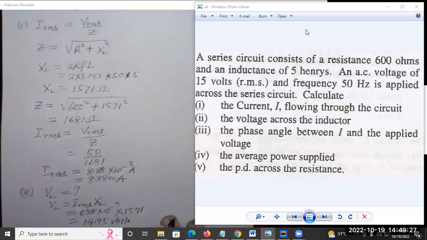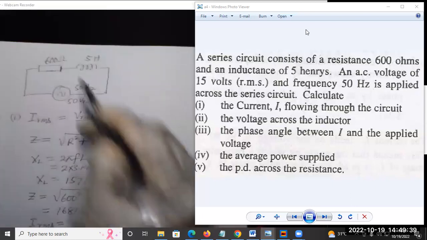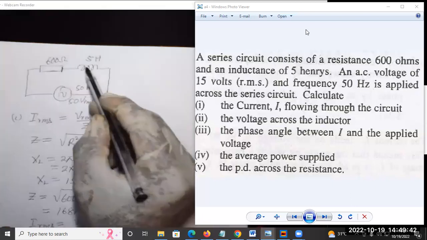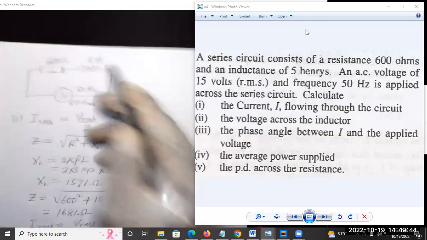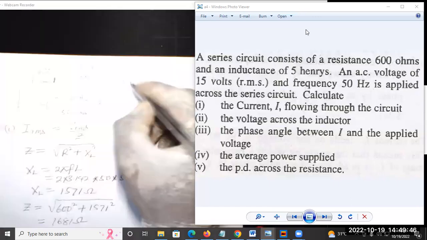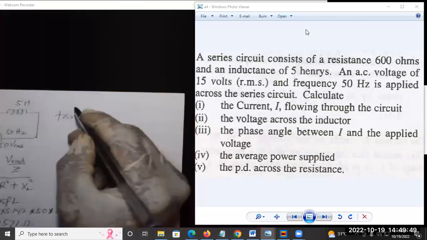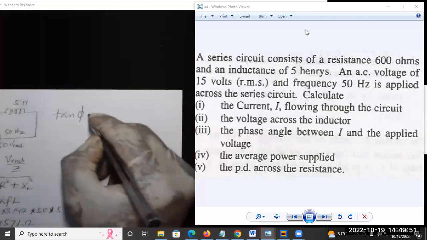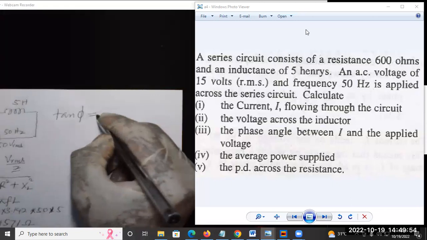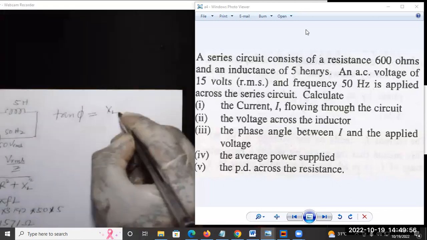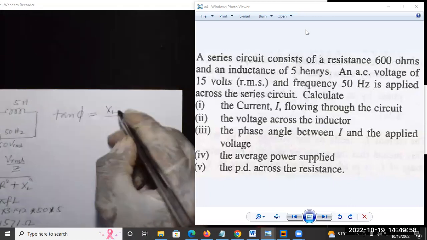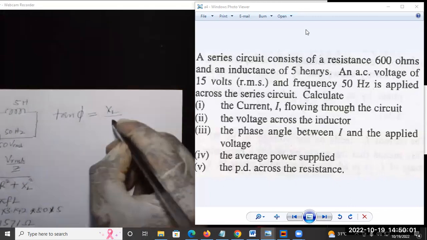The next question, we have to find the phase angle between the current and the applied voltage. In this circuit, having a resistor and inductor, tan phi is given by the expression inductive reactance all over the resistance.